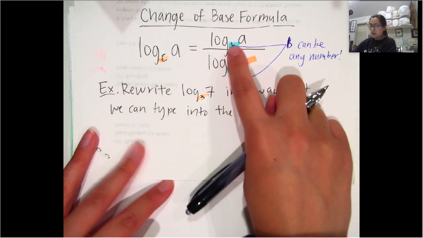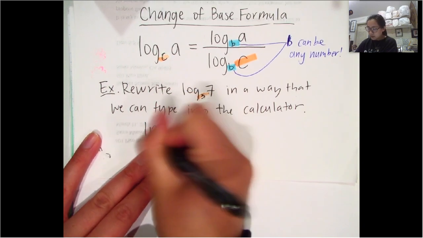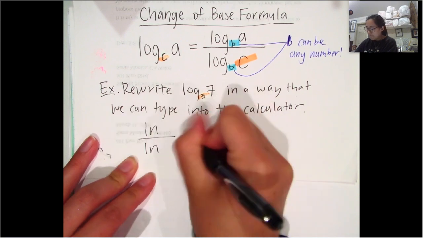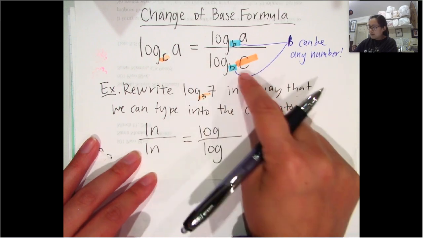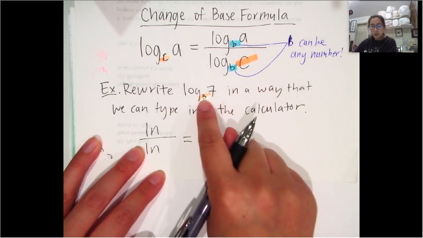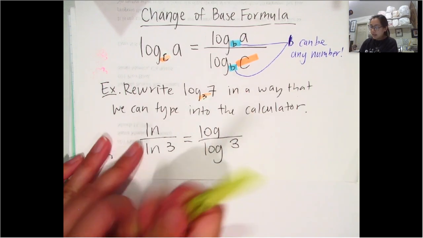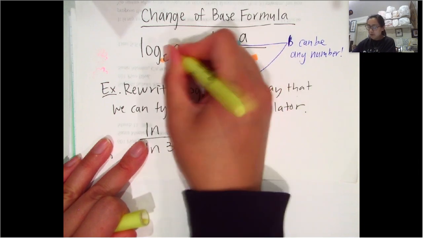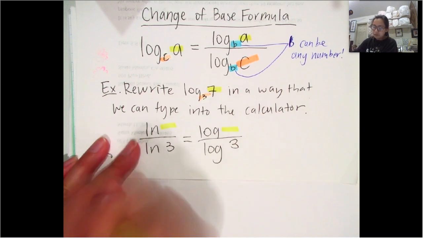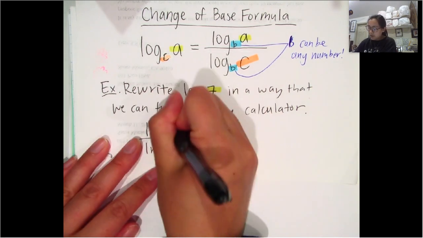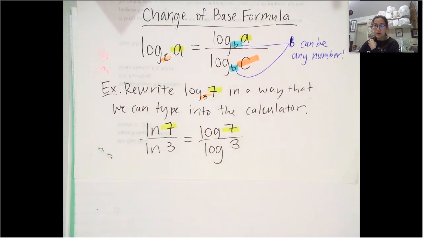So in that case, this b we're using as e, so ln or log. The c is going to be in the denominator. That was the 3, so we're putting the 3 in the denominator. The 7, the argument of the formula, goes in the numerator, and so we'll be writing that right here. So it's ln of 7 over ln of 3, which is equal to log of 7 over log of 3.